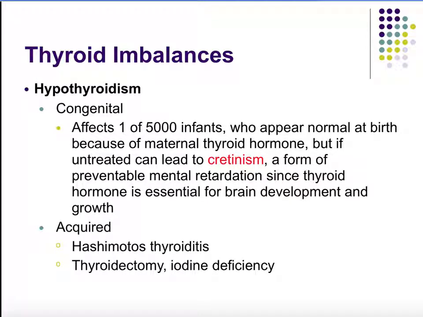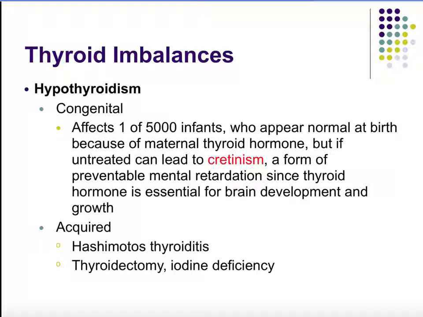If it's left untreated, it can lead to a condition called cretinism, which is a preventable form of diminished mental capacity. Remember, thyroid hormone is essential for normal growth and development, including brain development. So why is it preventable? Because if it is found that an infant lacks thyroid hormone or enough thyroid hormone, then we can give exogenous thyroid hormone. So it can be prevented.